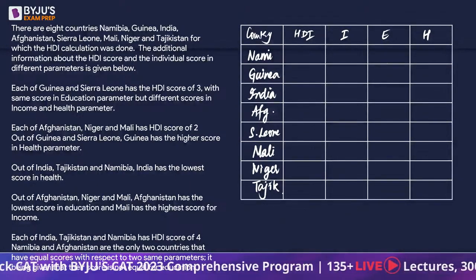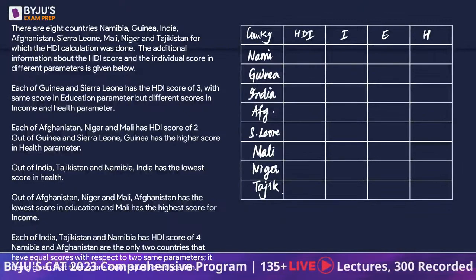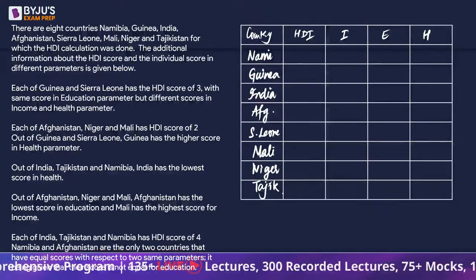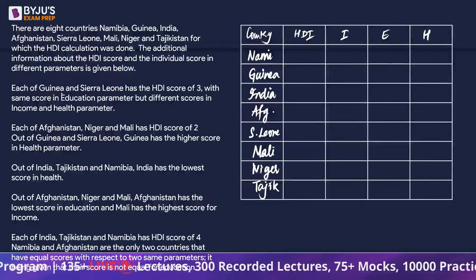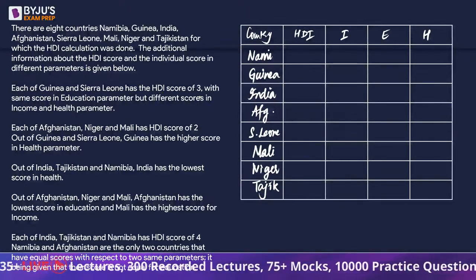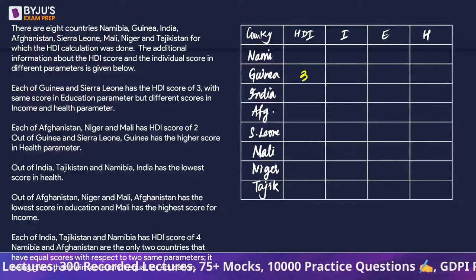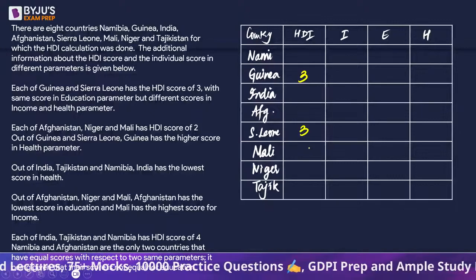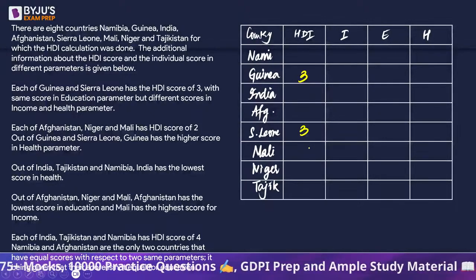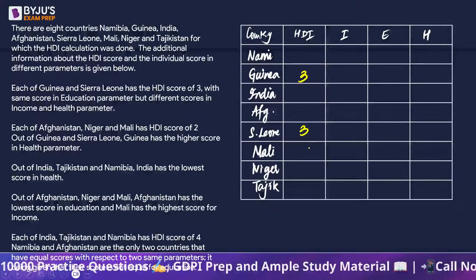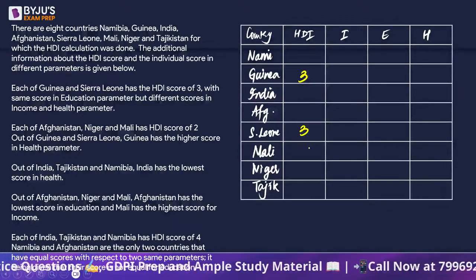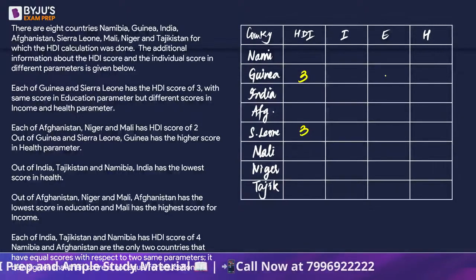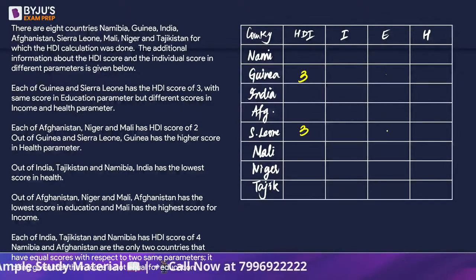Okay, chalo. We will put in those values from the statements that give us something definite, right? Each of Guinea and Sierra Leone has the SDI score of 3. So SDI score of 3 and SDI score of 3. Fine. With same score in education parameter, but different scores in income and health parameter. So this is going to be same.